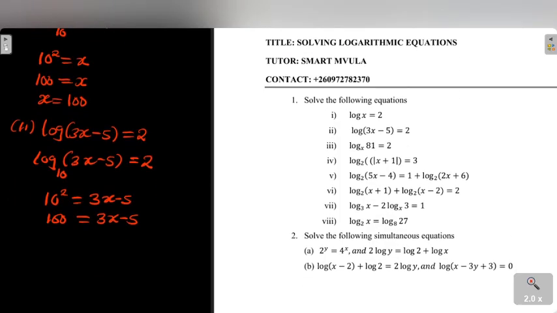Remember we're solving for the value of x. So we have 100, then that negative 5 will cross the equal sign so that it is now positive. Then this is equal to 3x. Then 100 plus 5, we have 105. This is equal to 3x. So since we are solving for x, we have 3x equal to 105.